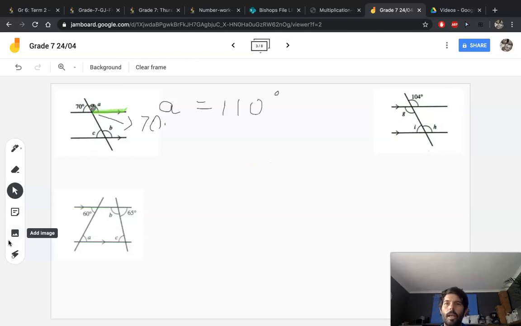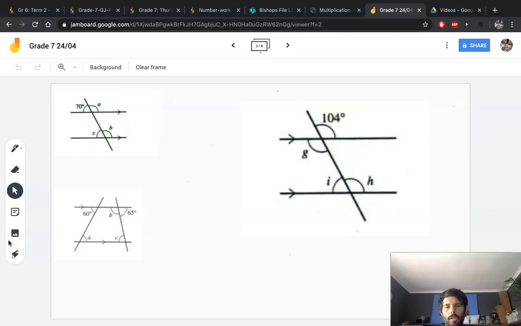There's your Z angle, and you know that C and this angle under that armpit are going to be equal. So you would know that C is 70, and then you could have worked out B to be 110 if you had worked out C first. I don't think it matters what order you work out the angles in. As long as your reasoning is correct, then you should be good. But there's more than one way to figure out these answers.